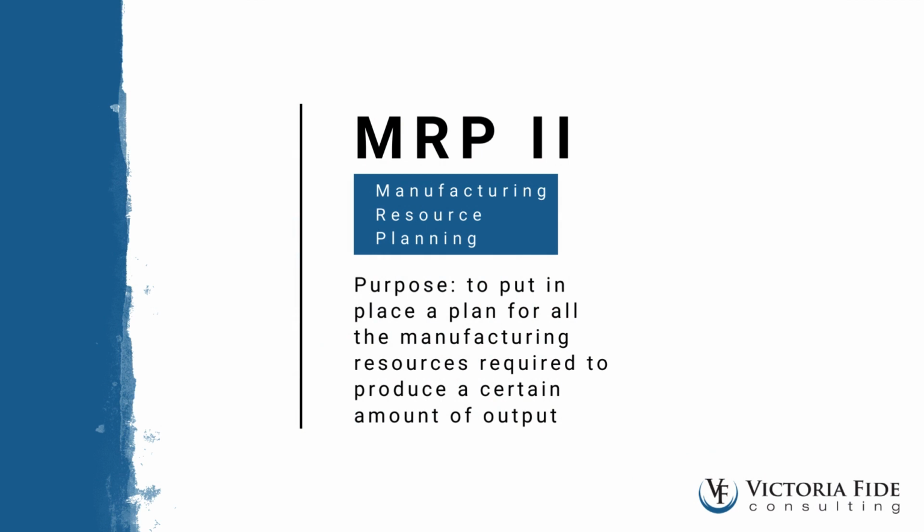So that is putting in place a plan for all of the manufacturing resources required in order to produce a certain amount of output to fulfill orders. So that was manufacturing resource planning, sometimes referred to as MRP II.